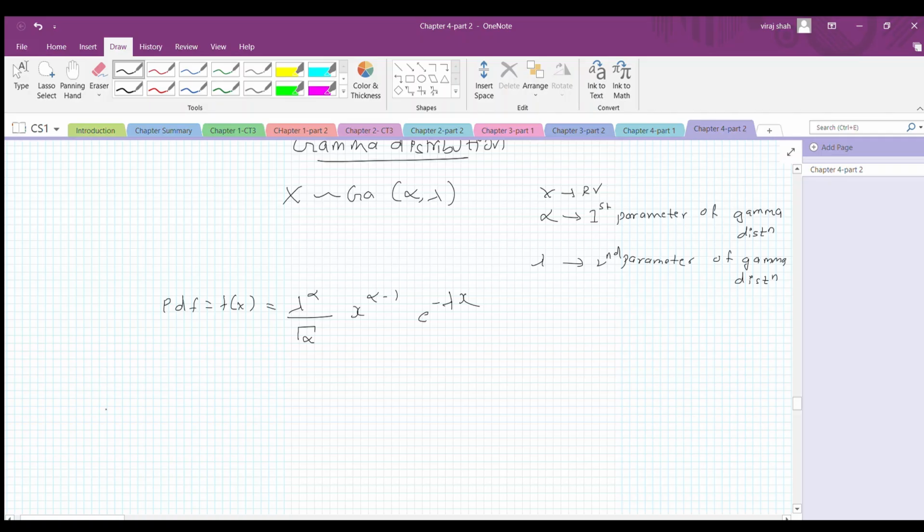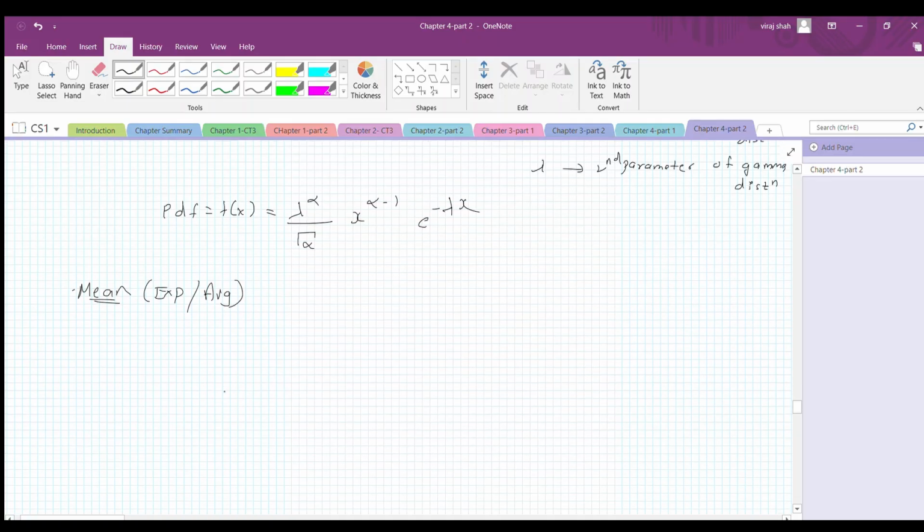Then after the CDF, what did we do? We always calculated its mean. So let's now calculate its mean, or you can write expectation, or average, anything you want. What is the formula? It is the integral of x times f of x over all values of x.